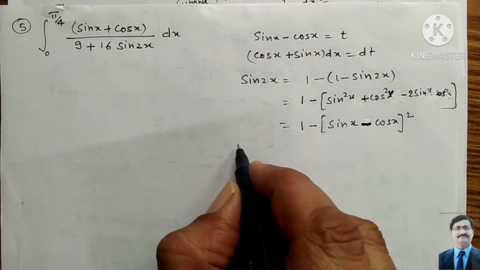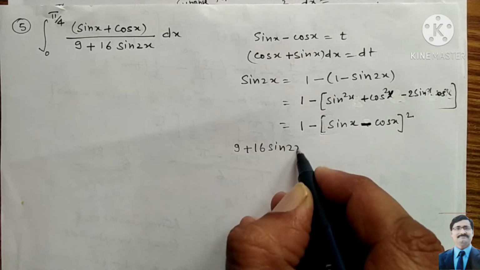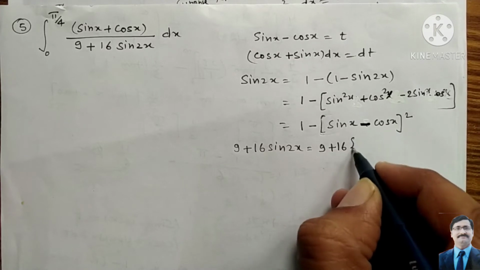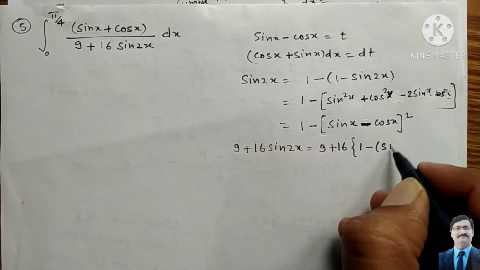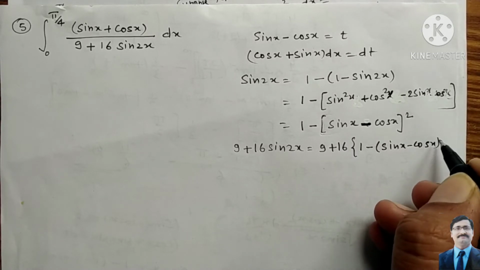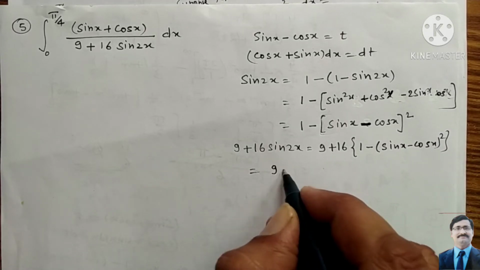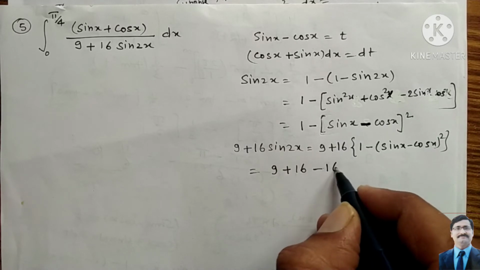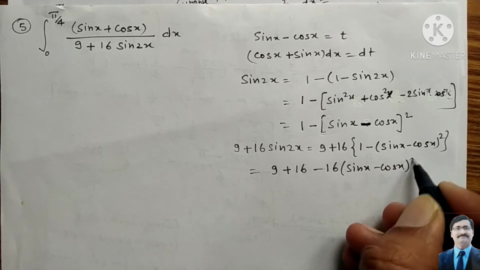Look here, 9 + 16 sin 2x is given. In place of sin 2x we can write 1 − (sin x − cos x)². Opening this bracket, we get 9 + 16 − 16 (sin x − cos x)².